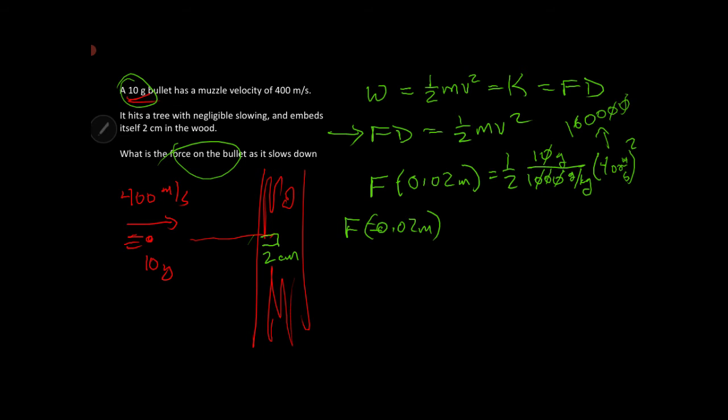So I have 1600 divided by 2, which is 400 kilograms, meters per second squared. Is that right? That's 800, excuse me. 1600 divided by 2 is 800.